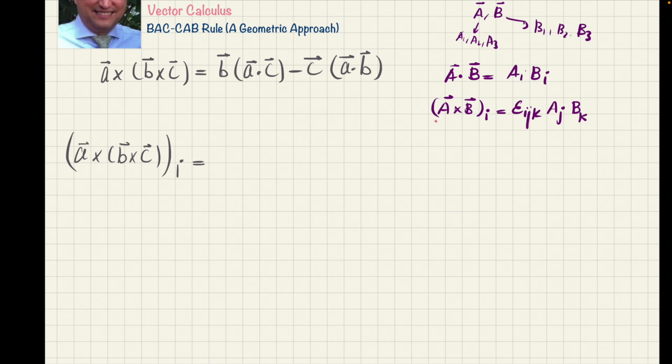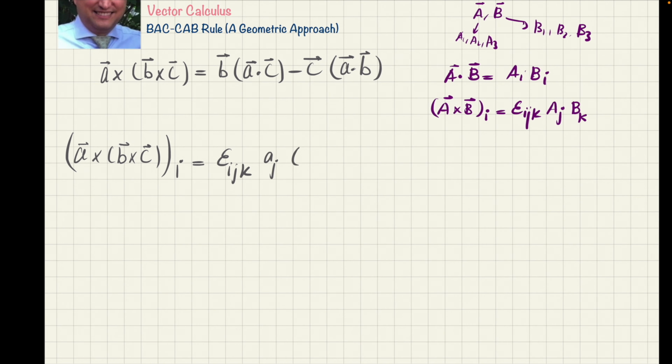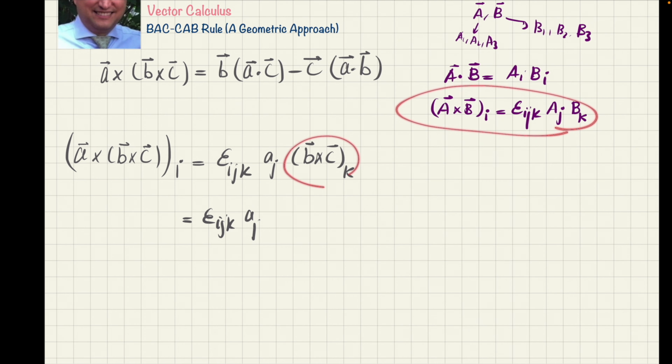According to this rule, I give the role of this little a to this A and this B cross C to this. What happens? This becomes epsilon ijk, the first vector, jth component, so it becomes a sub j, and then the second vector, which is b cross c, kth component. But then epsilon ijk, I just repeat these things, and then I use this formula again for this part.